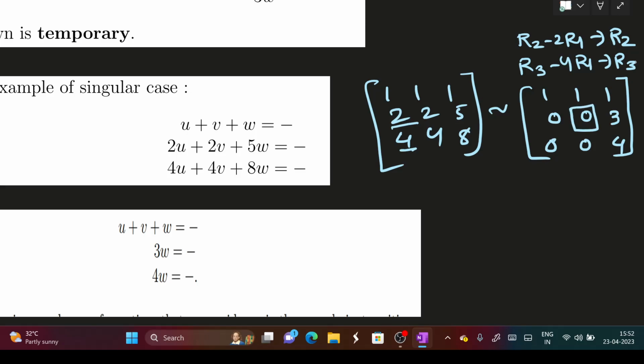But in this case, by row interchange of these two rows, I cannot make this 0 pivot a non-zero pivot. I cannot replace it by any non-zero value through row interchange. So this pivot is missing means my elimination process breaks down. And if I cannot replace it by a non-zero value through row interchange, the breakdown is permanent. So in this case, we have a permanent breakdown.